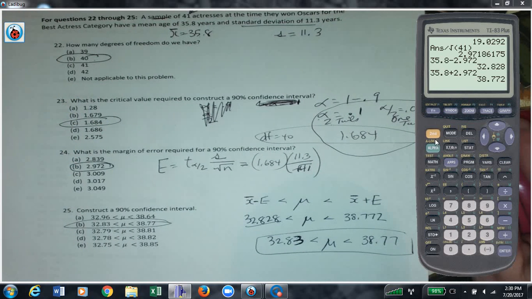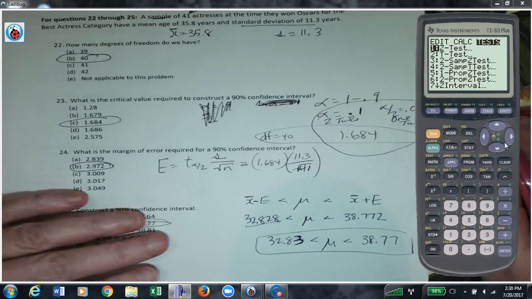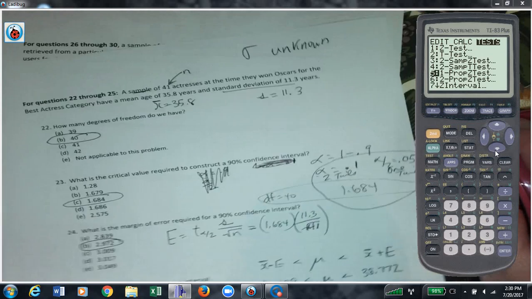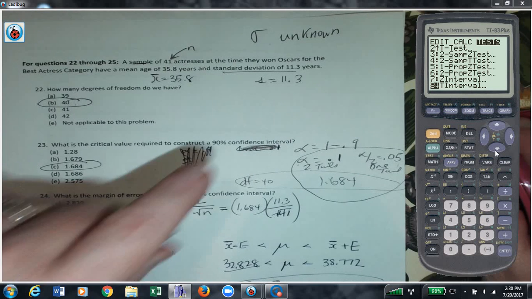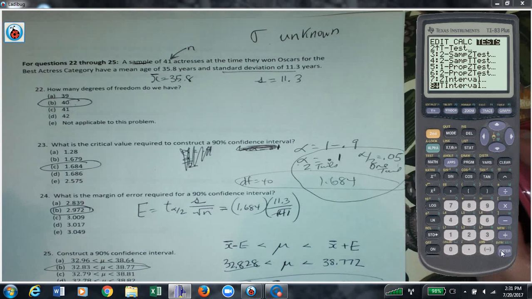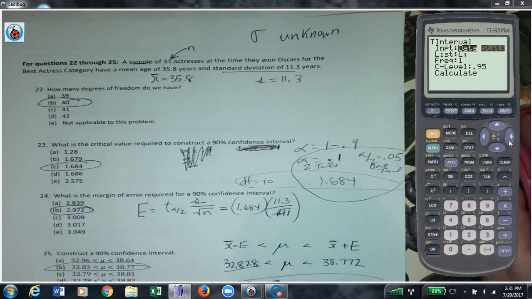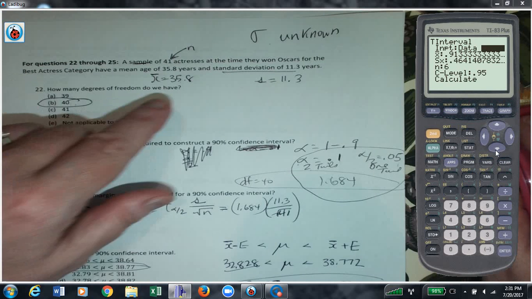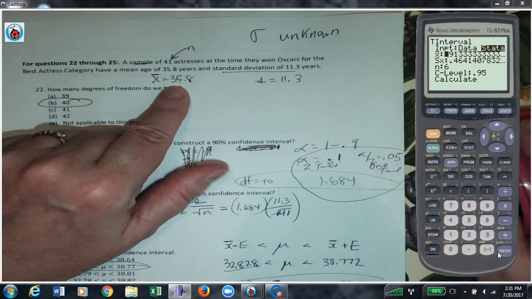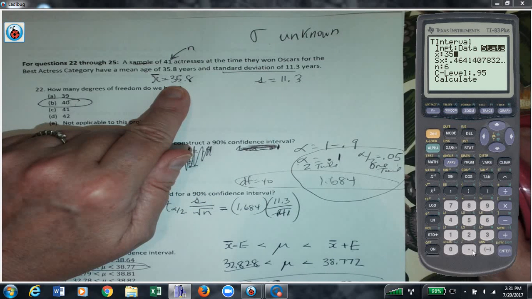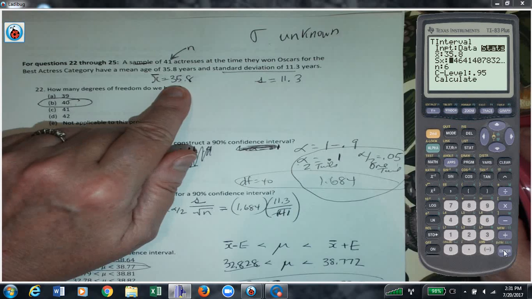Now, if I wanted to do this with the calculator, let's see. I want a confidence interval, but it's a t interval because sigma is unknown. So I choose that. Now I don't have the raw data, but I do have the statistics. So here's old data, I'm just going to write over it. My X bar is 35.8. Enter.